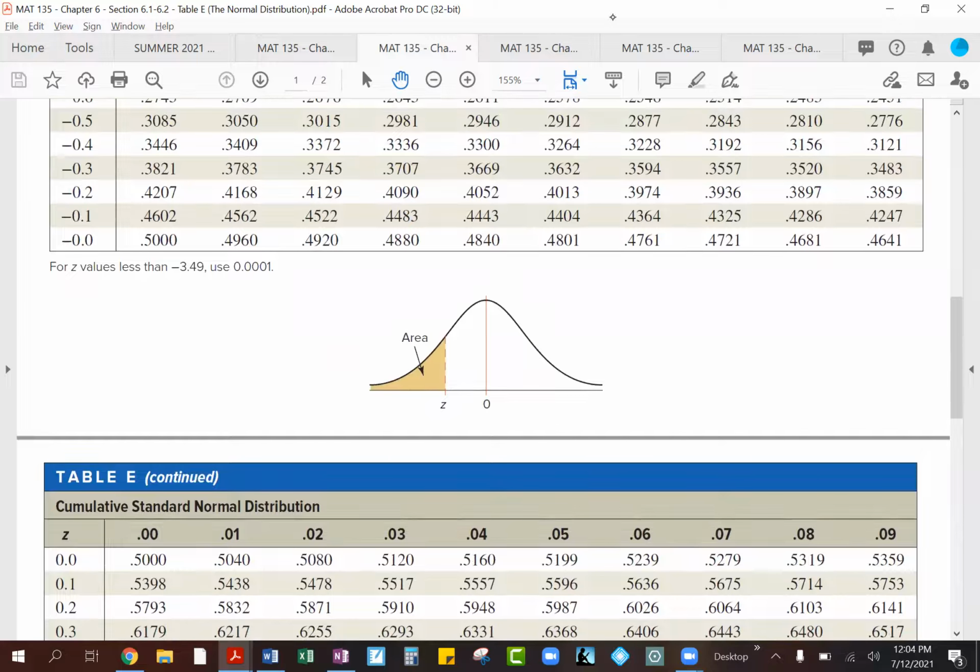Whatever your Z-score comes out to be, it gives you the area to the left of that Z-score. So if you found a Z-score somewhere here and you look under the table, that area is going to be all the way till that tail on the left-hand side. So it always gives you the area on the left of your Z-score.